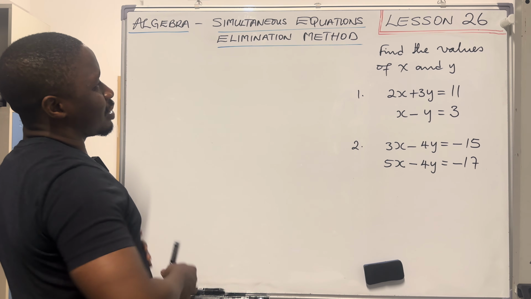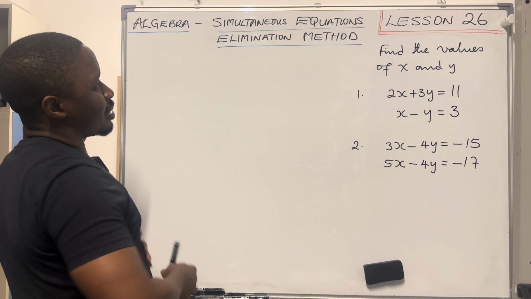So we say 2 times x plus 3 times y. But what is x? x is 4. What is y? y is 1. 2 times 4, 8. 3 times 1, 3. Then we get 11. If it satisfies one equation but doesn't satisfy the other equation, it is also wrong.